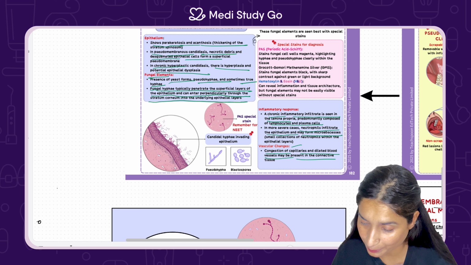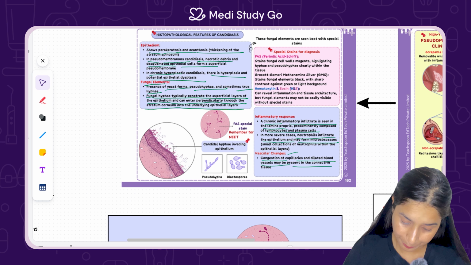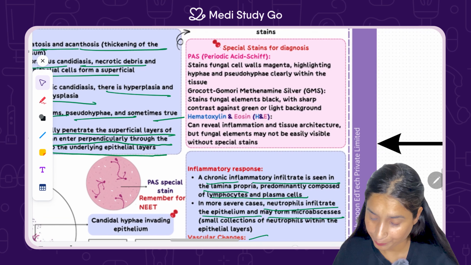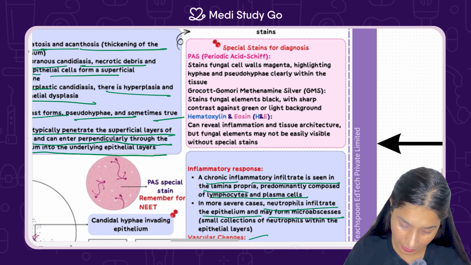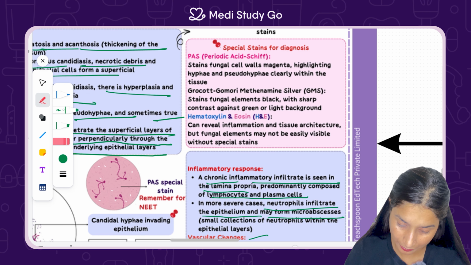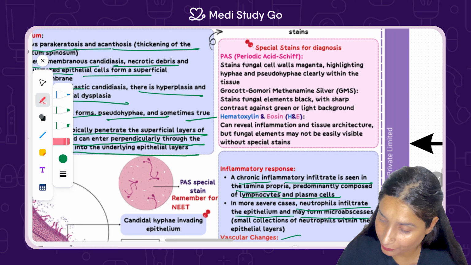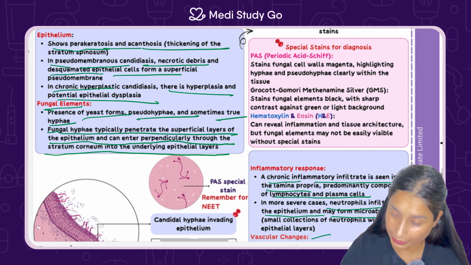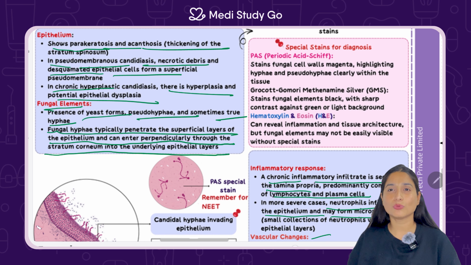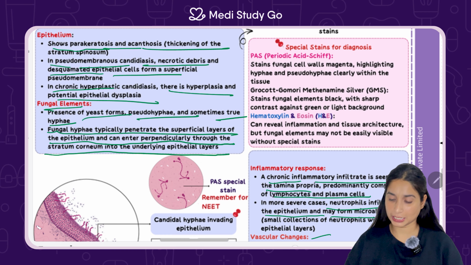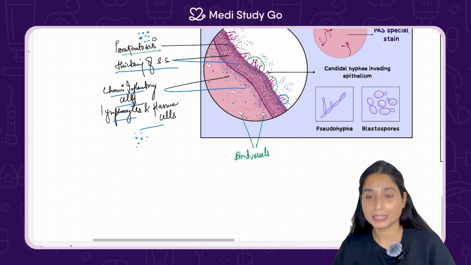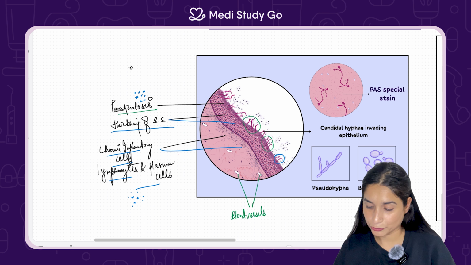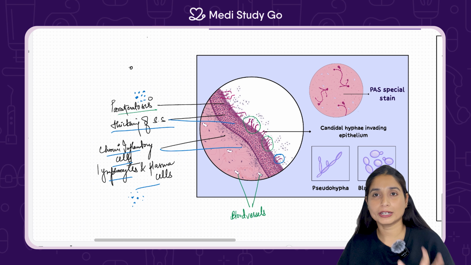So let's study the special stain also. That is the PAS stain, periodic acid Schiff. It stains the fungal cells magenta. So if someone asks you what is the special stain for Candida albicans, for candidiasis, then you have to tell that it's a PAS stain, periodic acid Schiff stain.